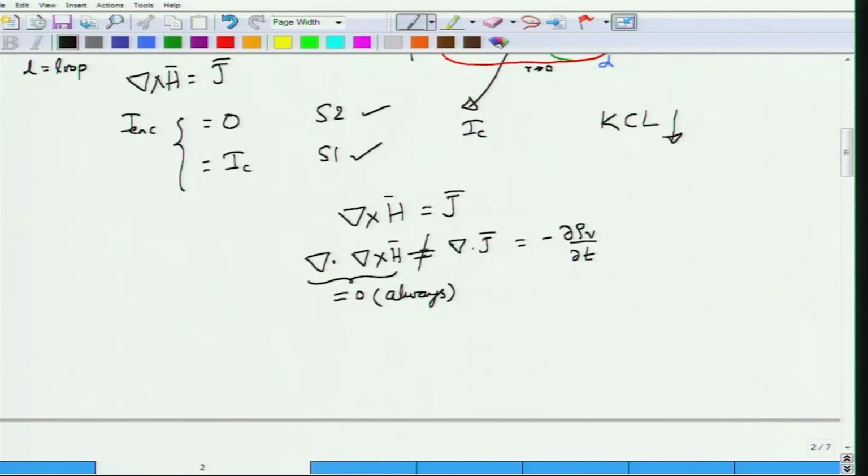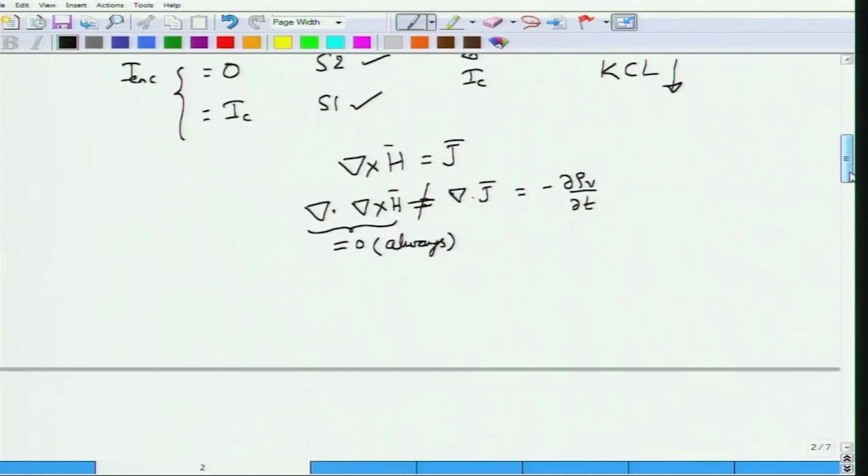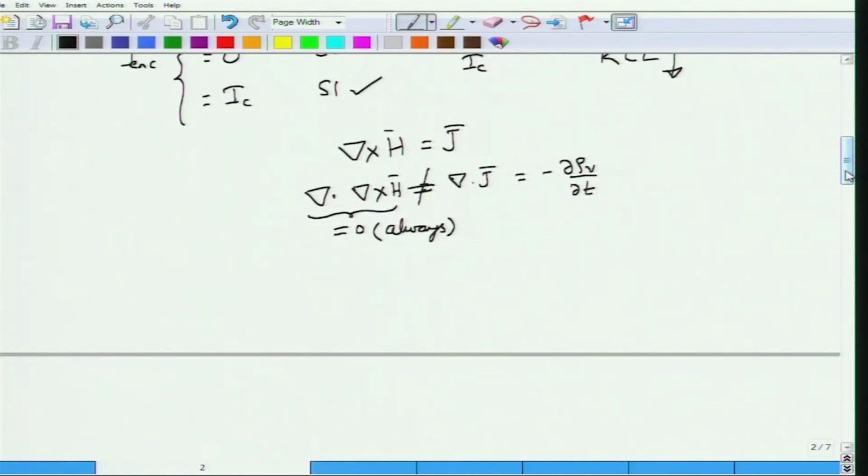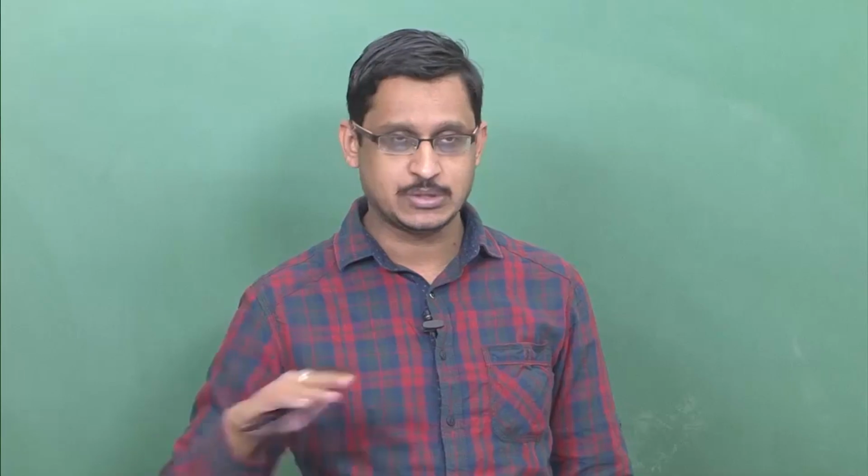What should we do? This is the point where Maxwell recognized that Ampere's law was initially stated only for steady currents, and when there are time varying currents involved, Ampere's law would not really work, because we have forgotten that a changing electric flux would also impact the magnetic field.